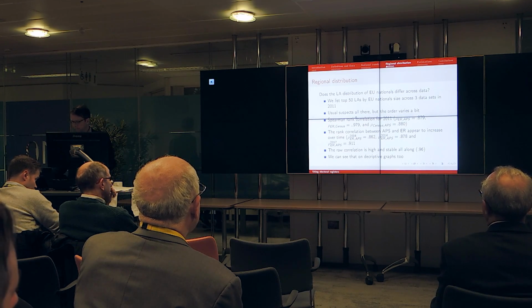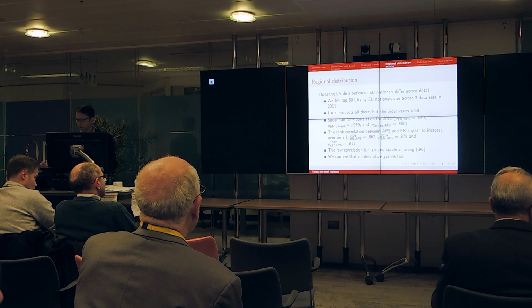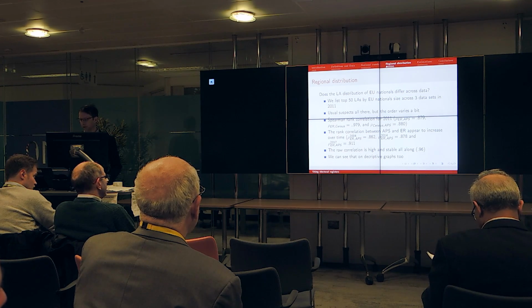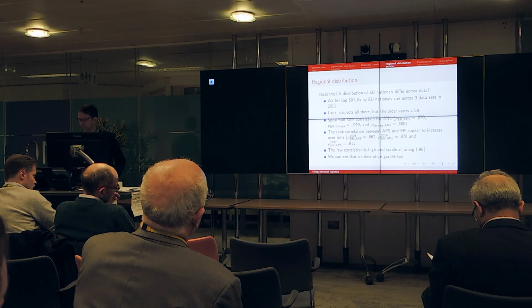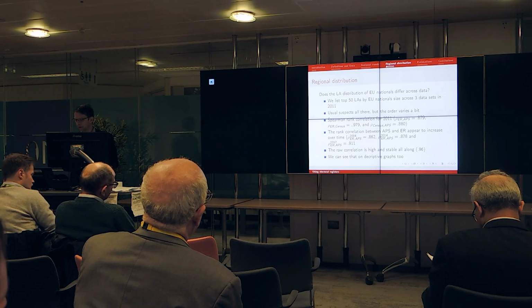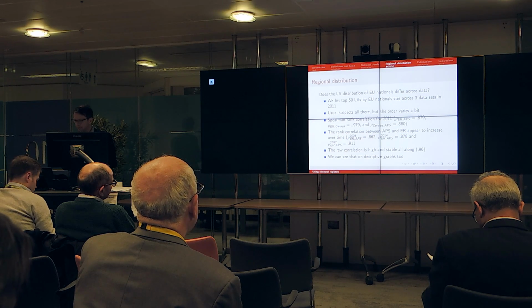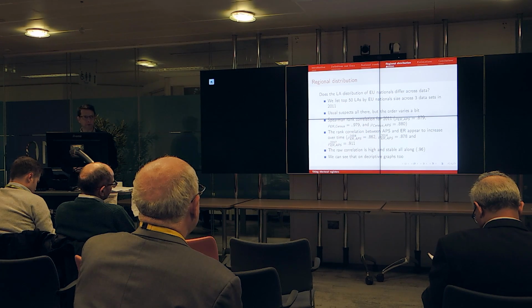So we calculate this Spearman rank correlation, to see whether the ranking I've just mentioned is similar across the data sets. We find that it is quite high, I think 87, but the highest is when you compare the census and the electoral register, 97, 98.